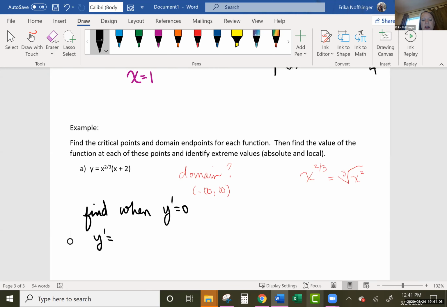Using the product rule, the derivative of x to the 2/3, bring my power down front, so I get 2/3 x, subtract 1 from that, I get negative 1/3, times the second function, x plus 2, plus the first, x to the 2/3, times the derivative of the second, which is just 1.